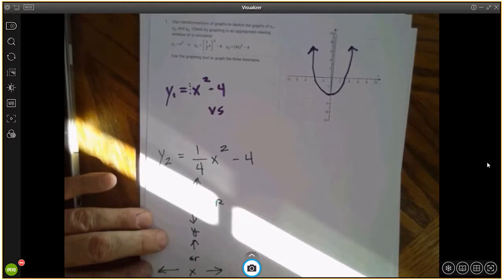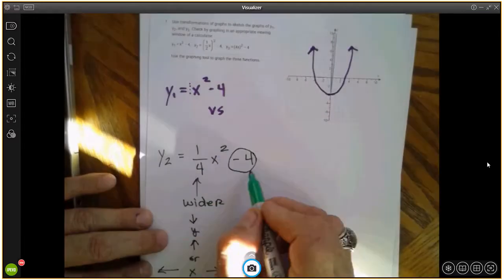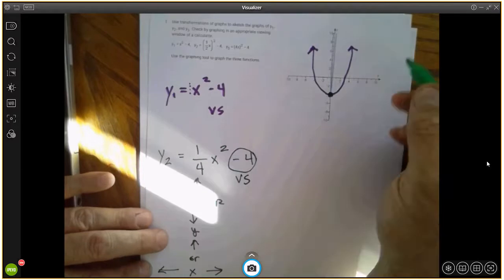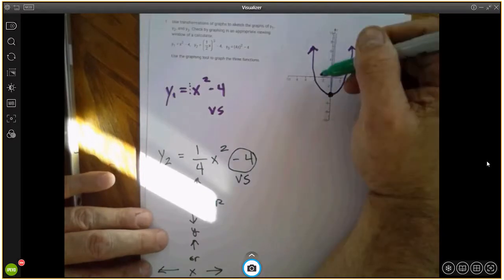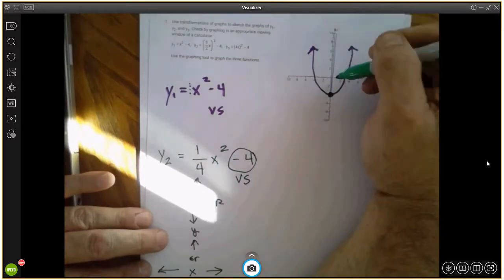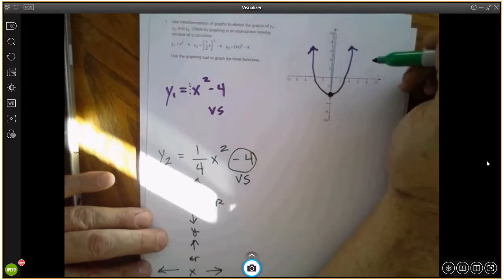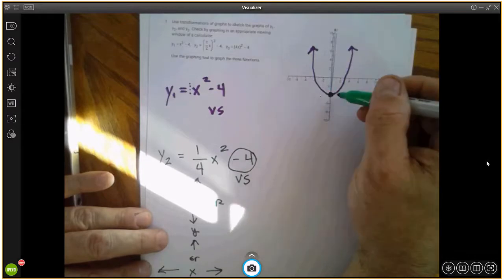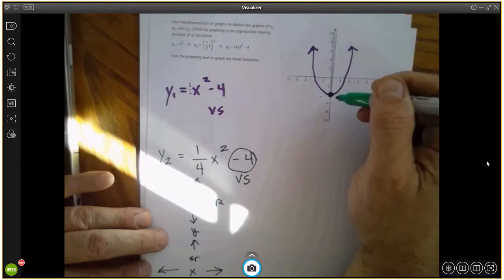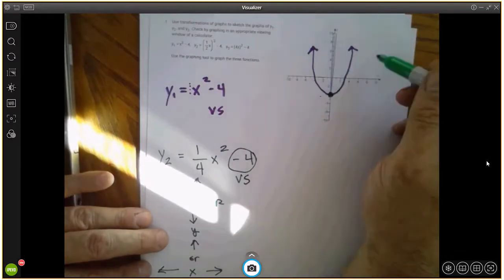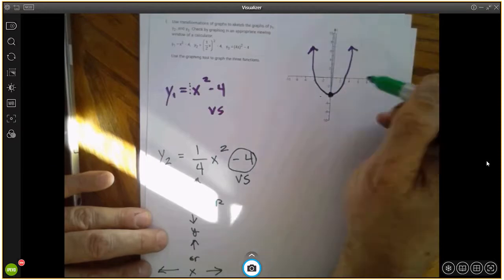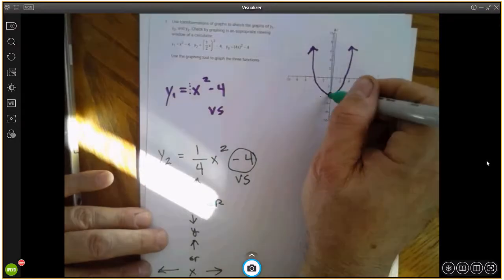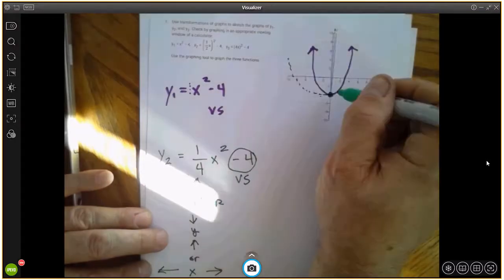So we still have our vertical shift of 4, but this time, think of this purple parabola as a balloon, and you put your hand on it right here, and your hand right here, and you compress it on the y-axis, and you pinch it and pull it this way. What will it look like? It's going to look like this.